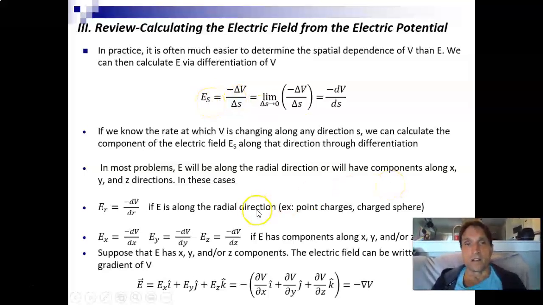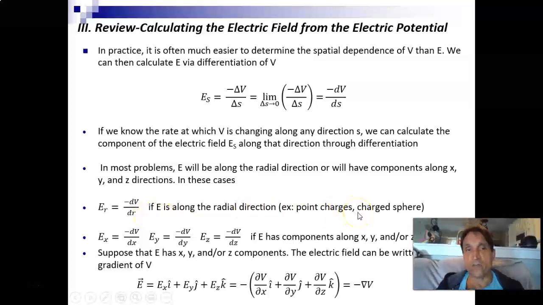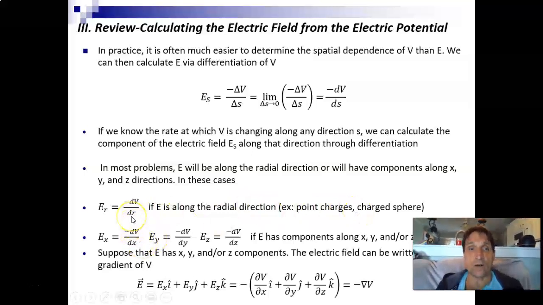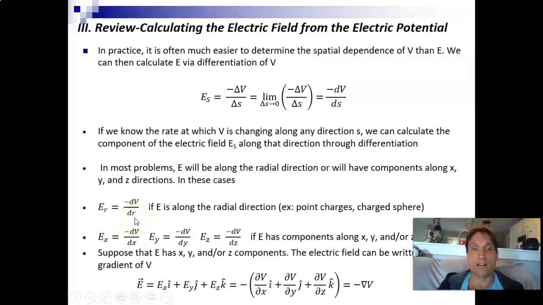And examples for point charges and charged spheres, remember the electric field is along the radial direction, and so therefore E will only have an R component, and we can get the electric field by differentiating the potential with respect to R.